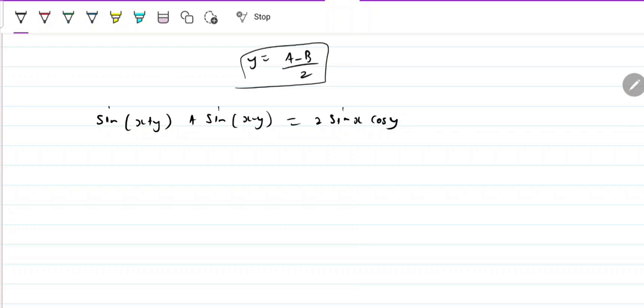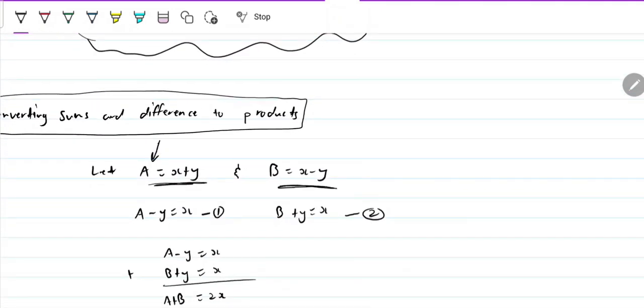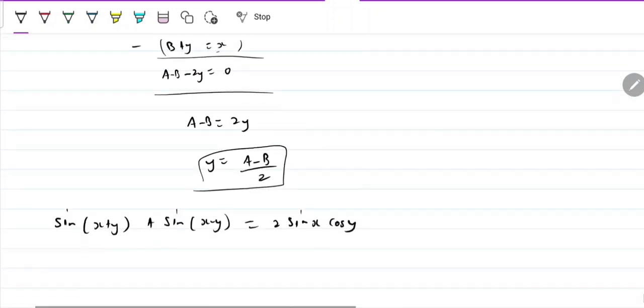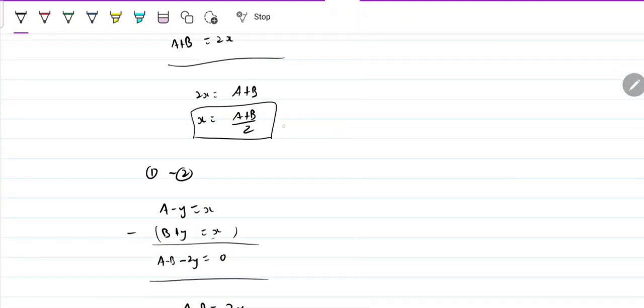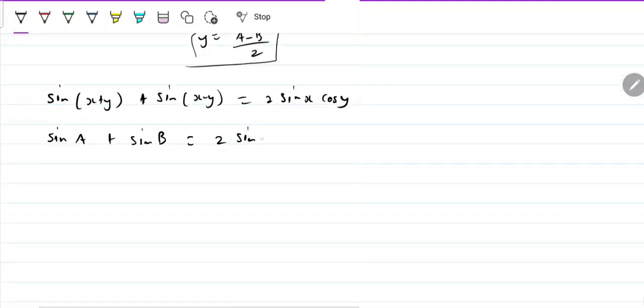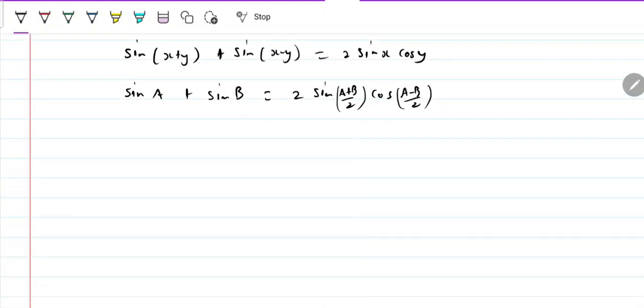Now, x plus y was A, and x minus y was B. So I can start substituting now. So that'll be the sine of A plus the sine of B is equal to 2 times the sine of x, and we know that x is equal to A plus B over 2, times the cos of y, and we know that y is equal to A minus B over 2. All right, so this is the first formula.